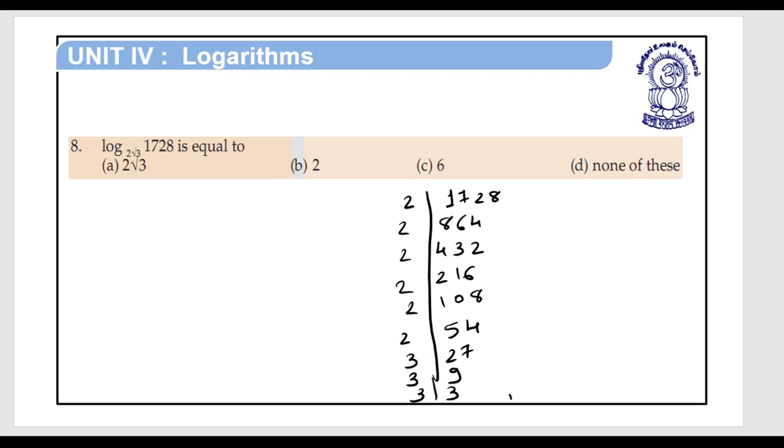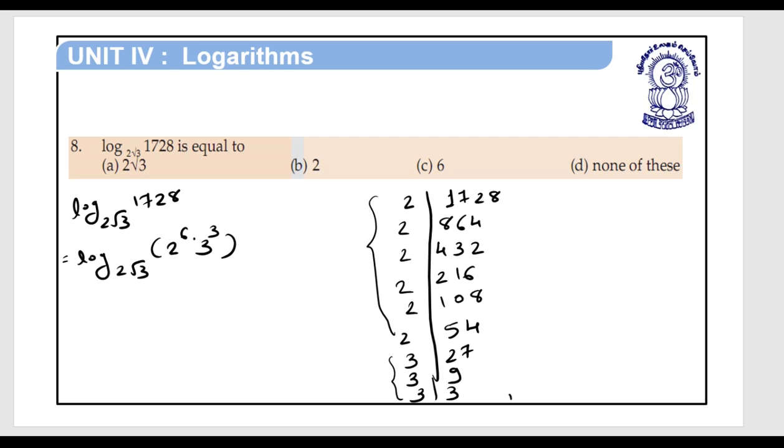Last one. So here 2 is 6 times and 3 is 3 times. So log 1728 is log of 2 raised to 6 into 3 cube.